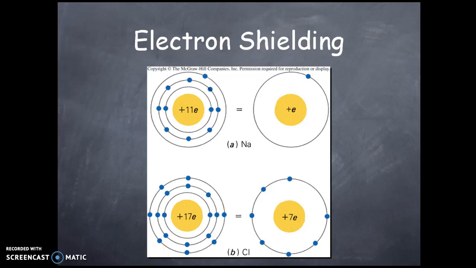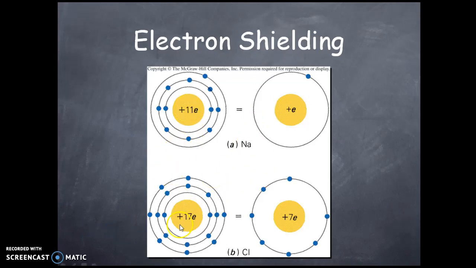But the closest element to chlorine is argon with 18 electrons. So if chlorine wants to act similar to argon, chlorine will be looking for any atom which would be ready to give away its electron.